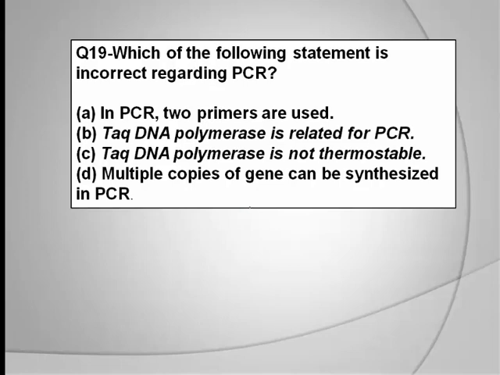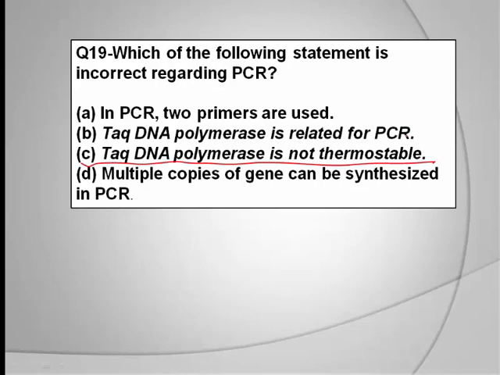Taq DNA polymerase is not thermostable. Multiple copies of the gene can be synthesized in PCR. So the incorrect statement regarding PCR is that Taq DNA polymerase is not thermostable. Actually it is thermostable, resistant to high temperature. That is why it is used in PCR.